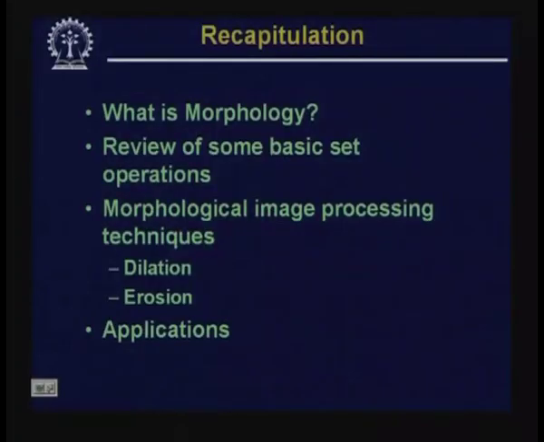Then in our last class, we have discussed what is dilation. We have seen how the dilation can be implemented, and we have seen how this dilation operation can be used to remove some noisy points within the object region within an image.